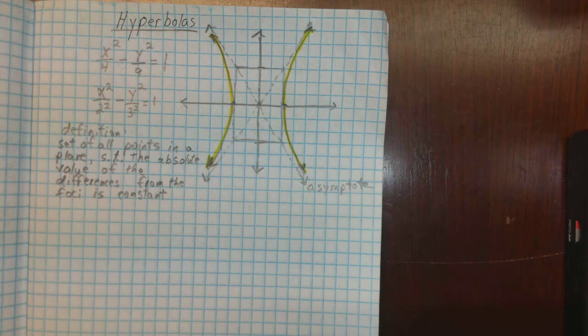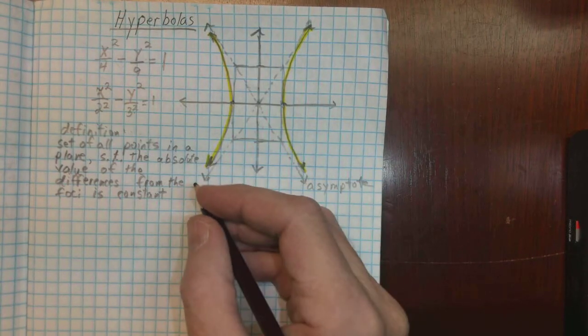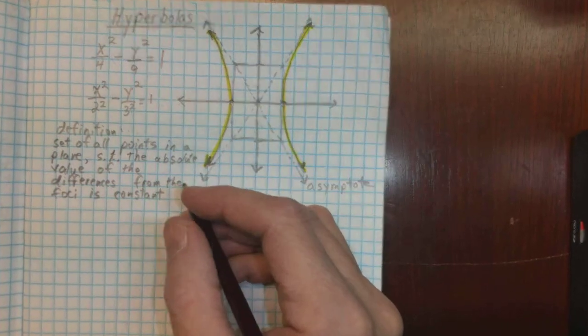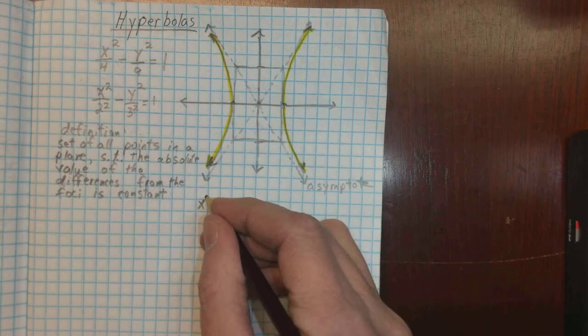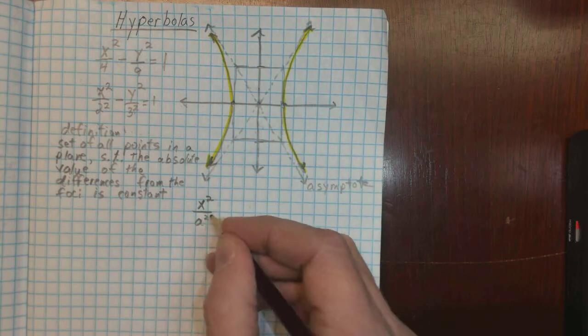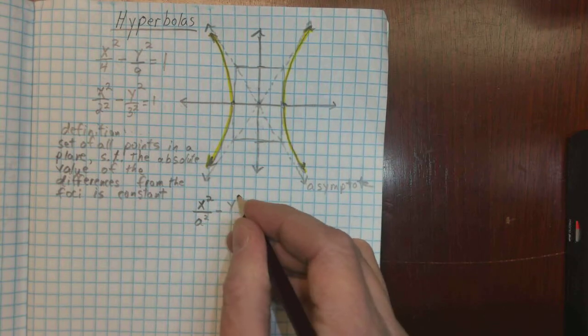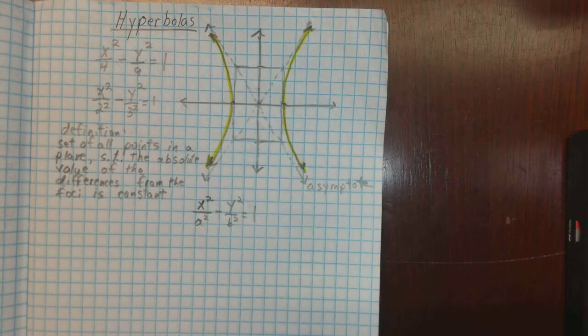Okay, now I guess I should discuss the foci as well. I'm going to write this in this particular form: x squared over a squared minus y squared over b squared equals 1. So that's my general form.